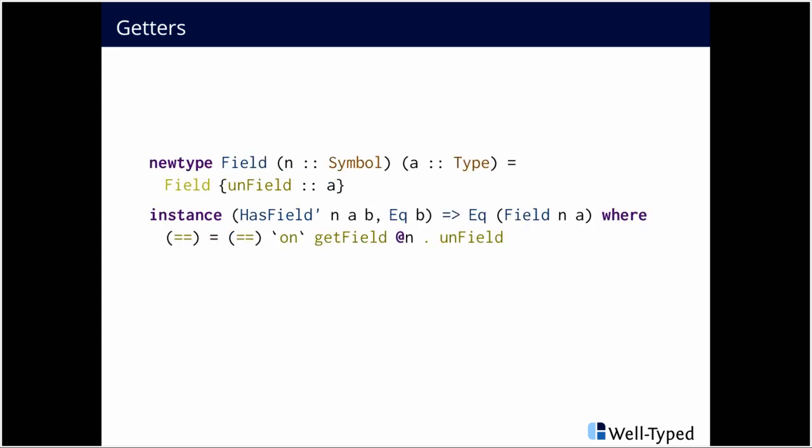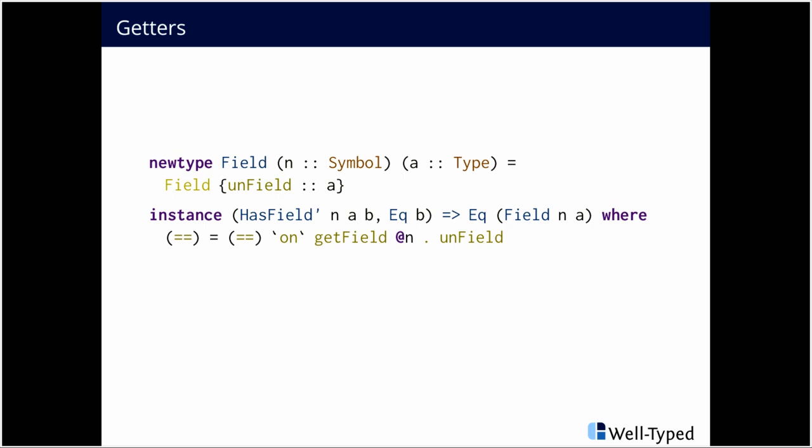And how does this work? This uses the generic-lens library again internally. But so you create a new type wrapper Field that is parameterized over a type level string, so a symbol, and a type, but it still wraps something only of type A. And I'll get back to this in a moment.